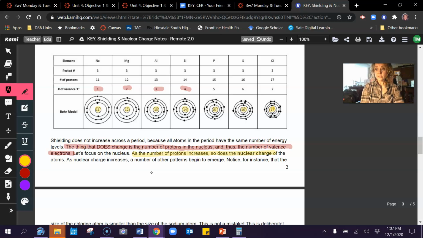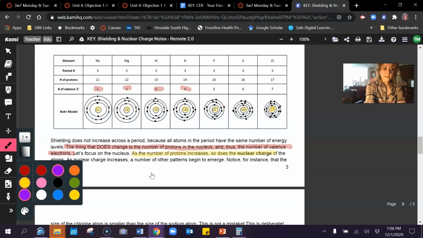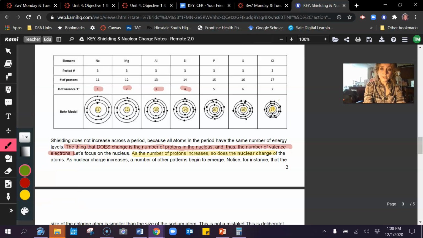And as nuclear charge increases, we are going to start to see a number of other patterns emerge. But the thing that I really want to call to your attention is take a look at the size of the atoms. You may notice that the size of chlorine is smaller than the size of sodium.